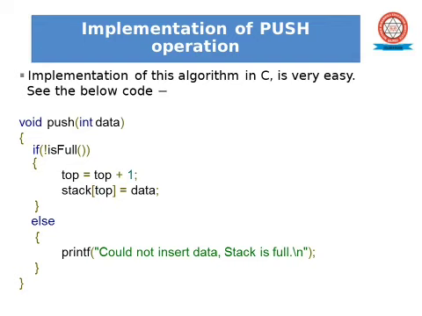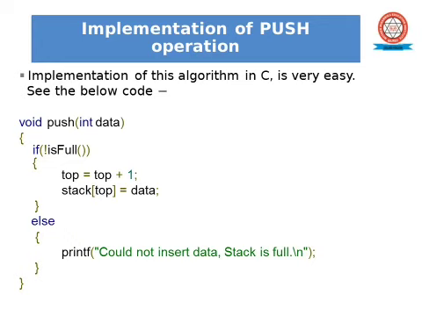Implementation of push operation, meaning how to implement this algorithm in C. So implementation of this algorithm in C is very easy. See the below code. The function is void push with one parameter of integer type.